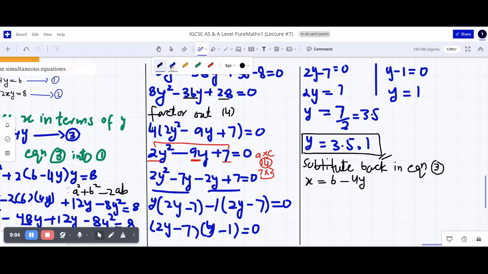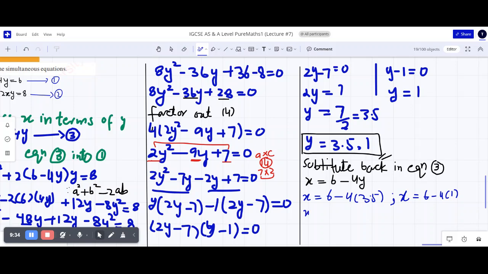We write both values: x equals 6 minus 4 into 3.5, and second, x equals 6 minus 4 into 1.